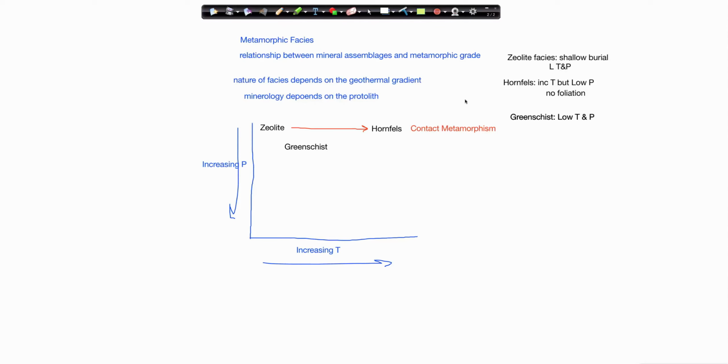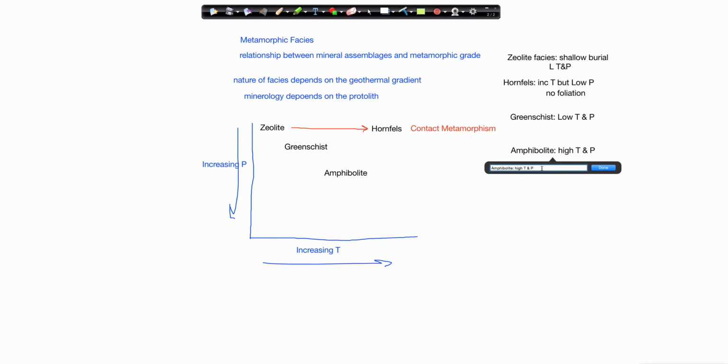Then you're going to increase your temperature and pressure and go to your amphibolite. These are high temps and pressure.